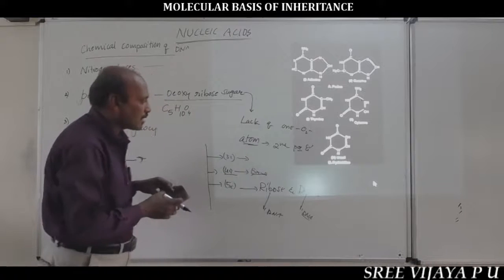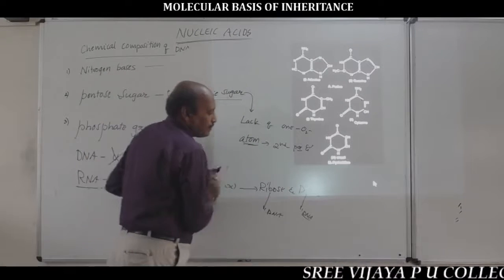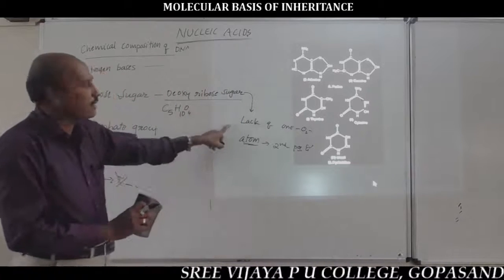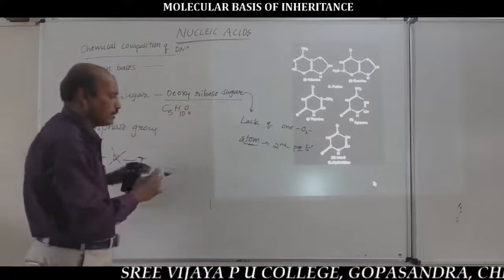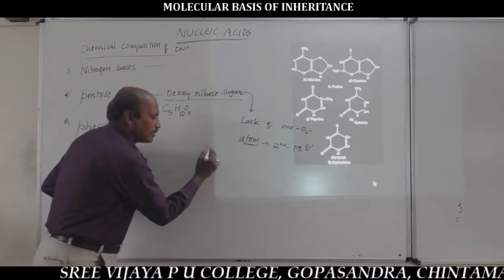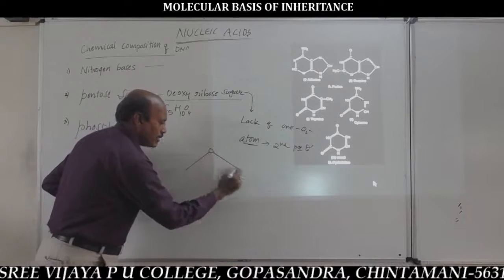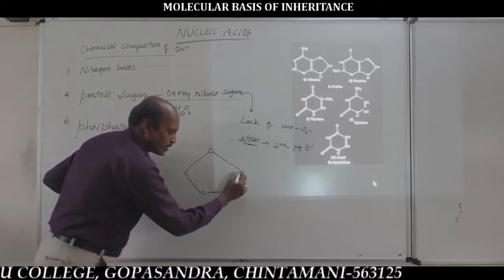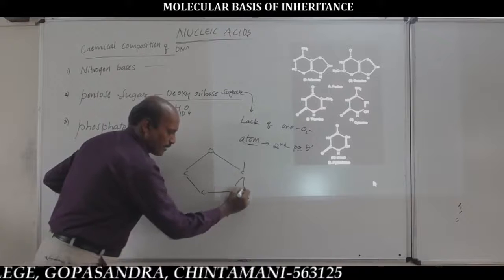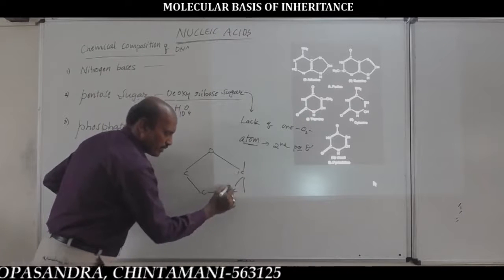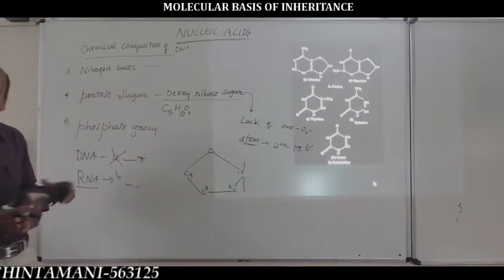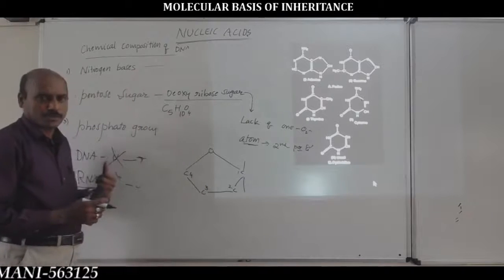The absence of one oxygen atom at the second position of carbon is called deoxyribose sugar, present in DNA. So, the molecular formula of the deoxyribose sugar is like this: first row, second row, third row, fourth. So, here 4 carbon atoms.